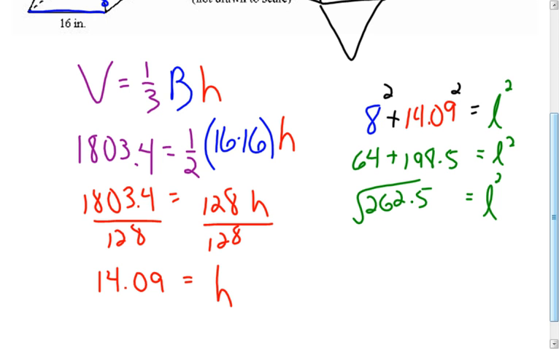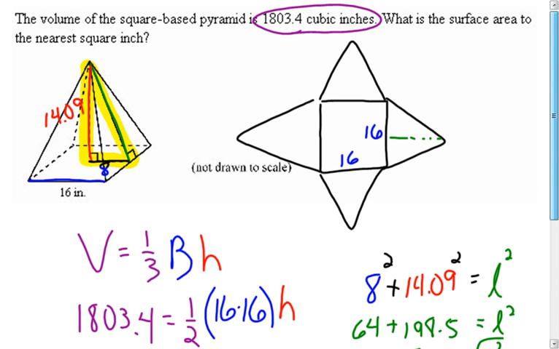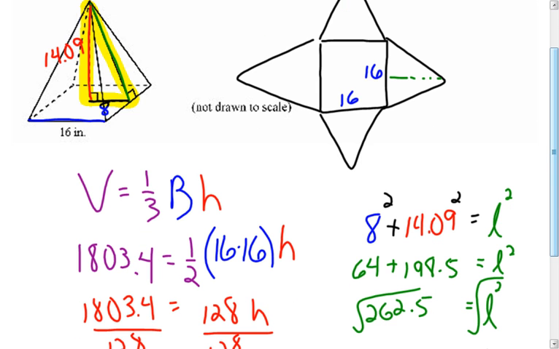Now when I take the square root, now I'll have L equal to plus or minus 16.20. And being again that this is looking at a length, I don't have to worry about the negative. Come back up here. Now I know that this piece right here is 16.2.